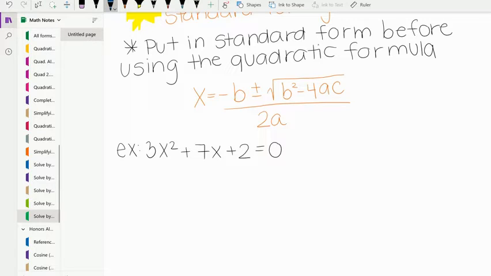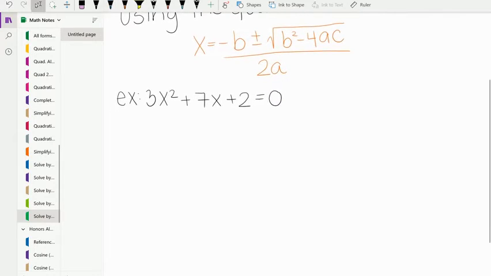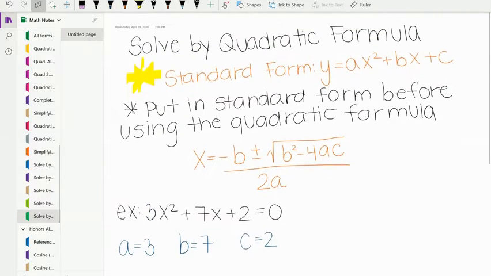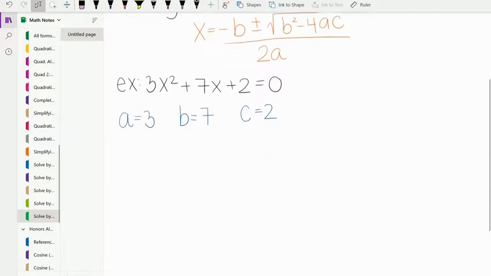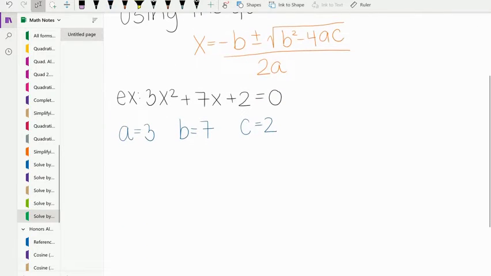Okay, so our first example, we have 3x squared plus 7x plus 2, and it is in standard form, so we're good to go. So I like to identify my a, which is 3, my b, which is 7, and my c is 2. And I'm getting that from the fact that standard form is ax squared plus bx plus c. Okay, now I'm going to plug it in using the formula.